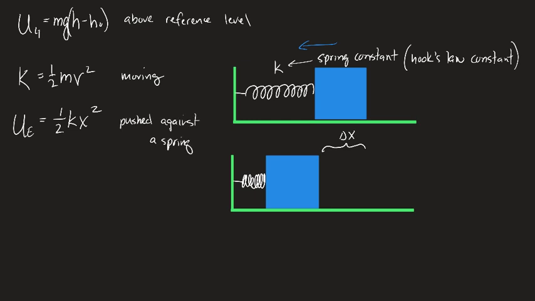If you are, you have elastic potential energy. It's easy to spot. You won't have elastic potential energy unless there's a spring involved. And if your track is completely level, there'll be no chance for gravitational potential energy. But I think it's pretty easy to spot when you'd have one versus the other. And all you have to do is add up the energy at one place and set it equal to the energy at another place.